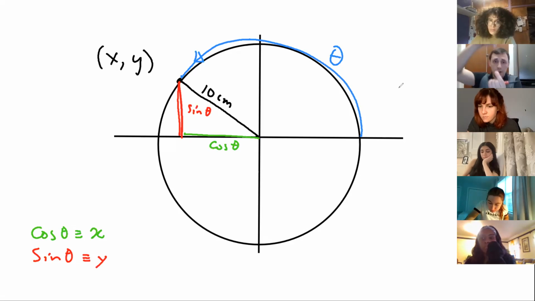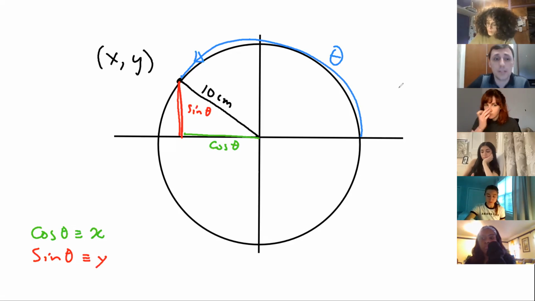It's measuring the vertical altitude in unit radius lengths. So for example, if I say cosine is equal to 1/2, 1/2 of what? 1/2 of the radius. If cosine is equal to 0.75, then I'm saying it is 75% of the radius. So the length is communicated in terms of radius.